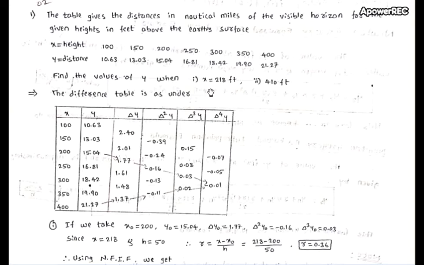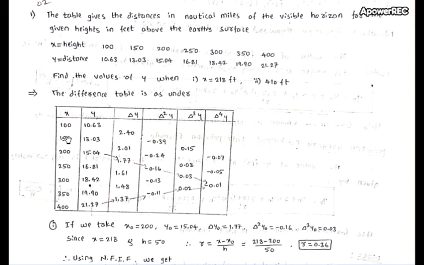Now x equal to 218 is near to 100, so we have to use the forward formula. If x is equal to 410, which is close to the end value, then we have to use the backward interpolation formula.